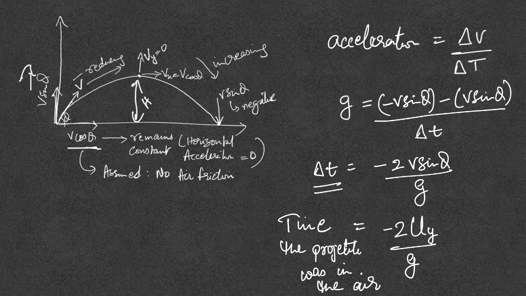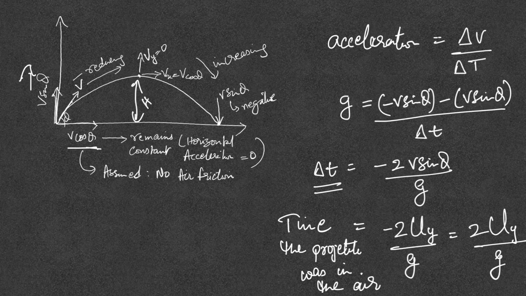Okay, now similarly, and time is always positive, right? So the negative sign does not really make sense, so this is also written as 2 uy upon g, because time is never negative.